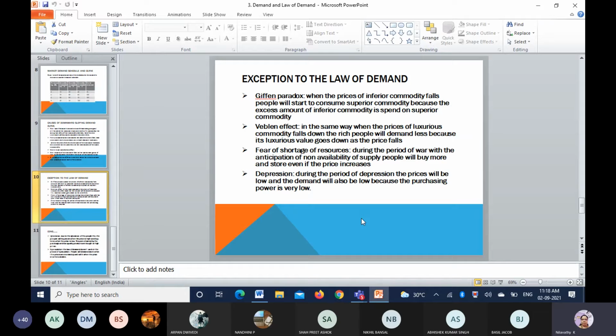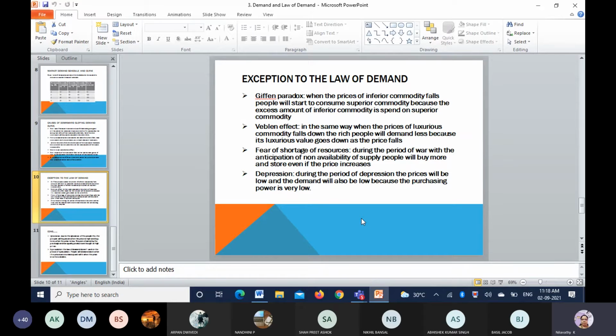So ragi was once considered an inferior commodity, but now I cannot give that as an example. Now ragi has become a nutritional commodity, and nowadays rich people are buying it more compared to the poor people. So I cannot define that as an inferior commodity.